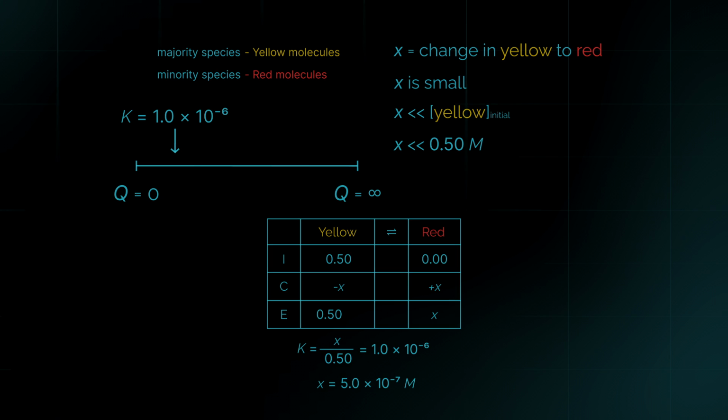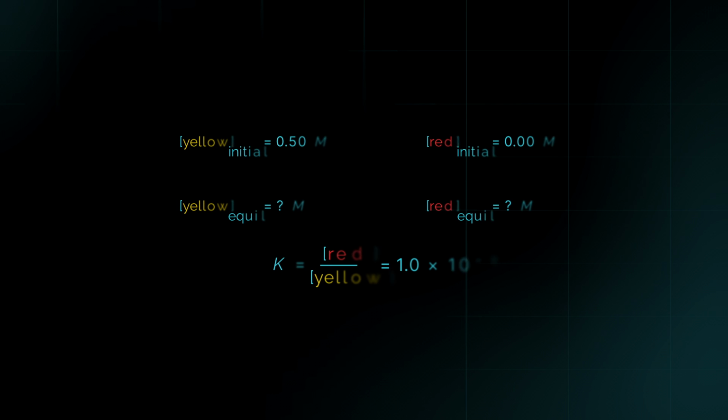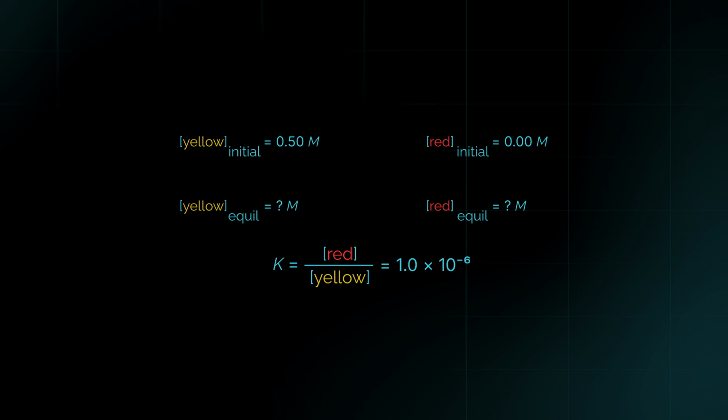Let's go back to our original goal. We started with a known initial concentration of yellow molecules, and we want to use the equilibrium expression to find the concentrations at equilibrium. Because K is small, we can assume that only a tiny amount of yellow molecules convert to red by the time equilibrium is reached.